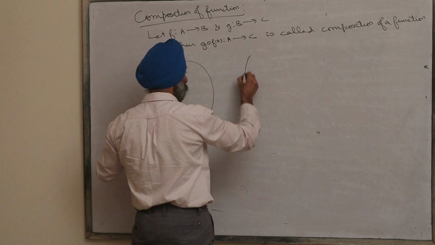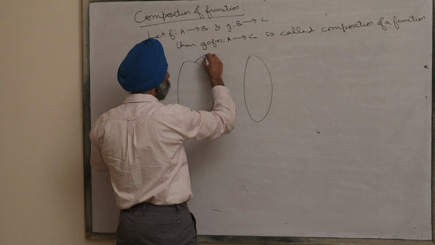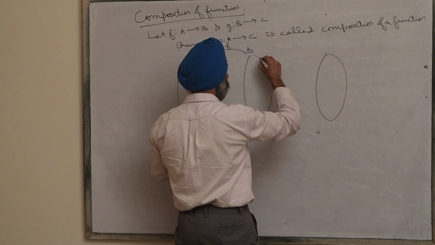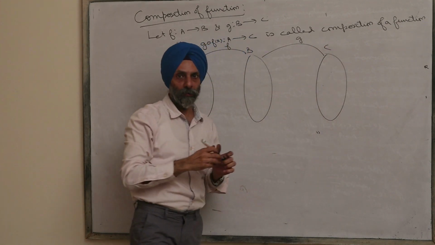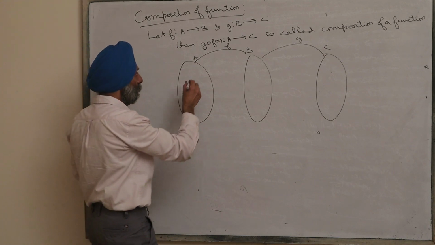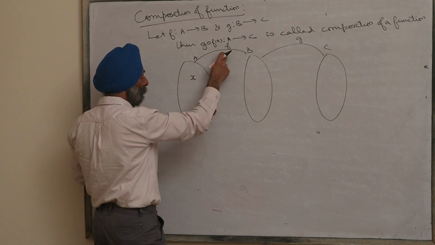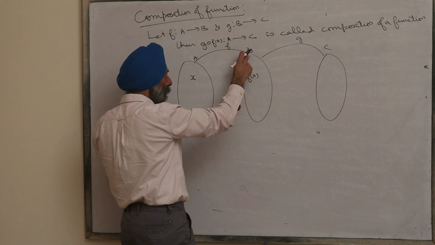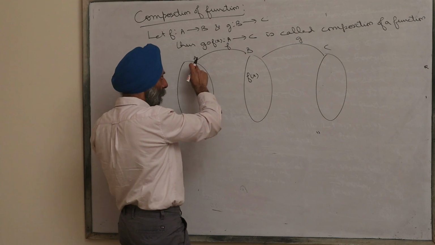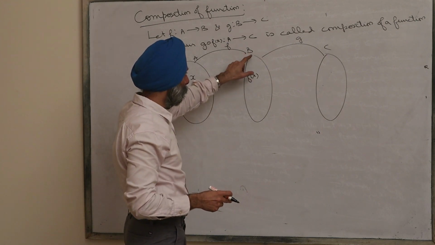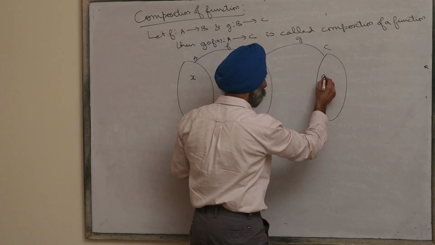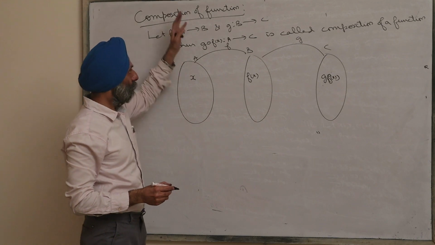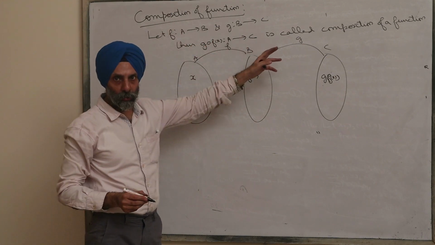Now what do you mean by this? You can see here f is a function defined from A to B, g is a function defined from B to C. That is, for every x belonging to A, f(x) belongs to B, and from here we have g(f(x)), a function defined from A to C here.